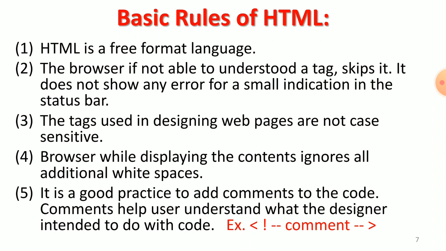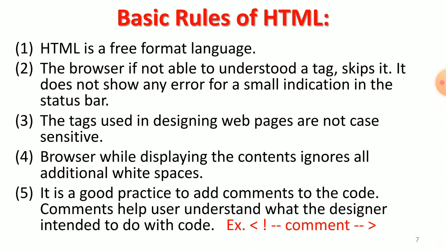In HTML, comments are added by inserting the text between a left angular bracket, an exclamation mark, two dashes, then the comment, then two dashes, and a right angular bracket. That means a comment.